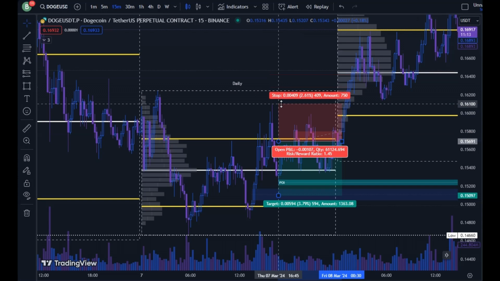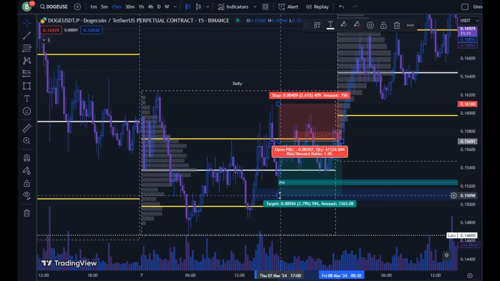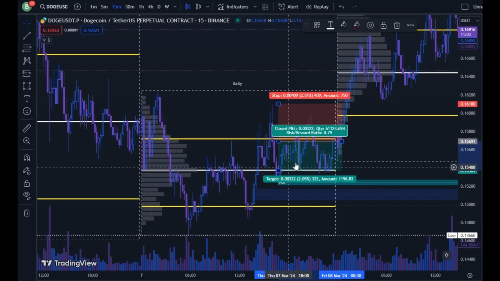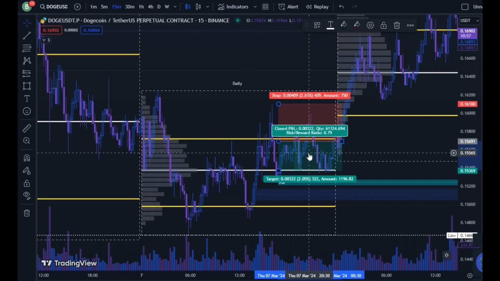Normally I'd put my stop at that wick and aim for there. Not a good trade. I wouldn't be taking the trade due to the simple fact that the risk to reward is 0.79. Why would you want that? Why would you want to risk more to gain less? Makes no sense.